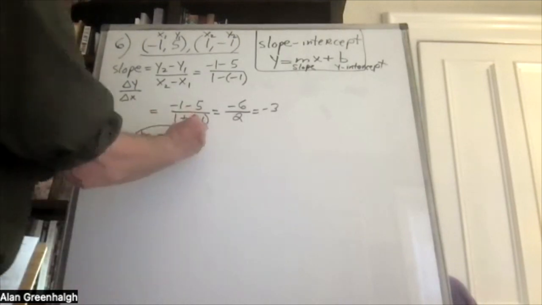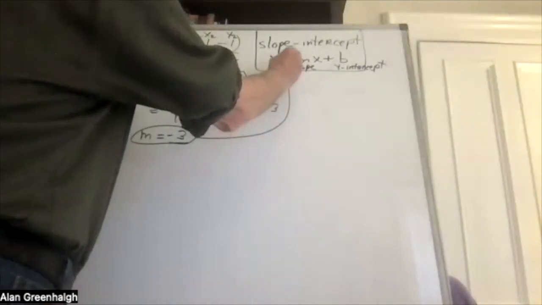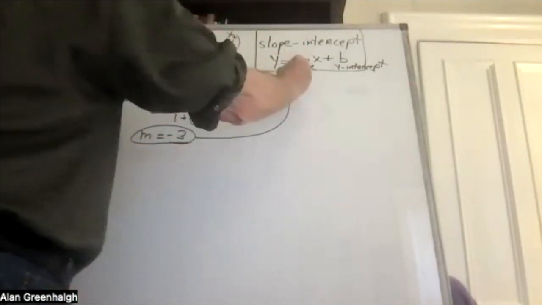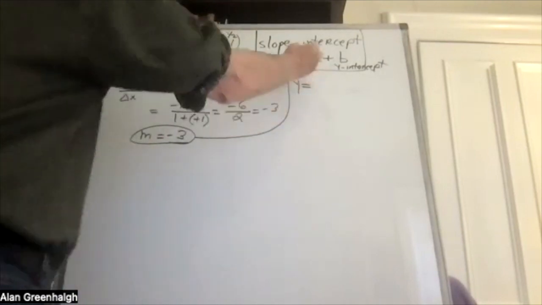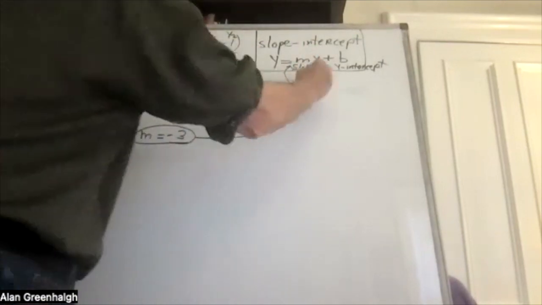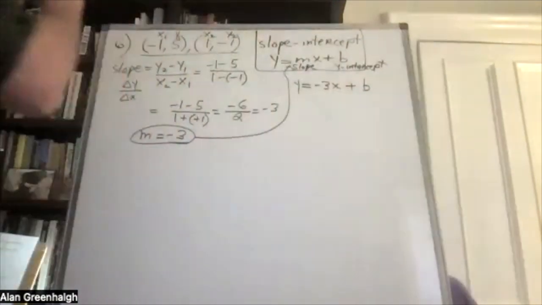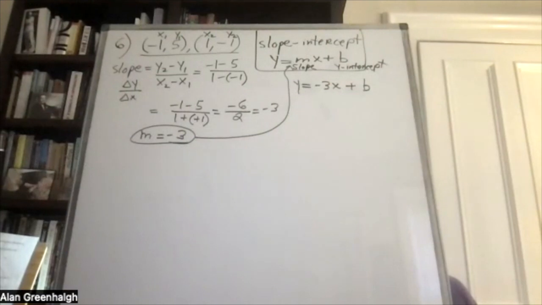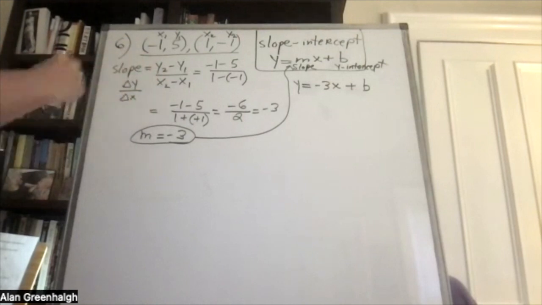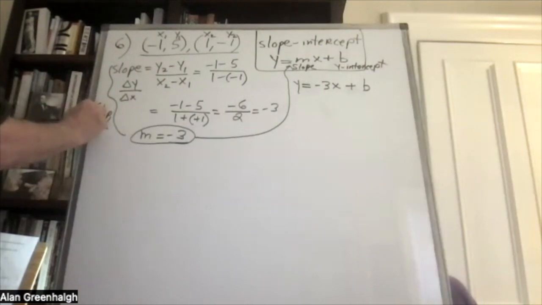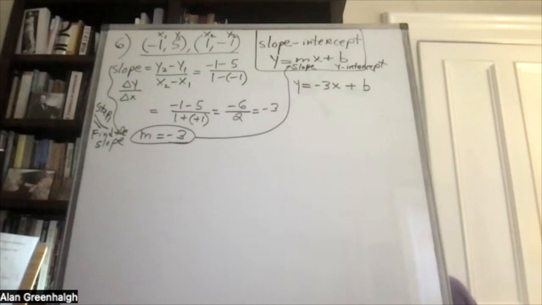You take this and put it in the original equation, the original slope-intercept form. y equals, instead of m, it's -3x plus b. So you do this first. You find the slope. Step 1. Find the slope. All righty.